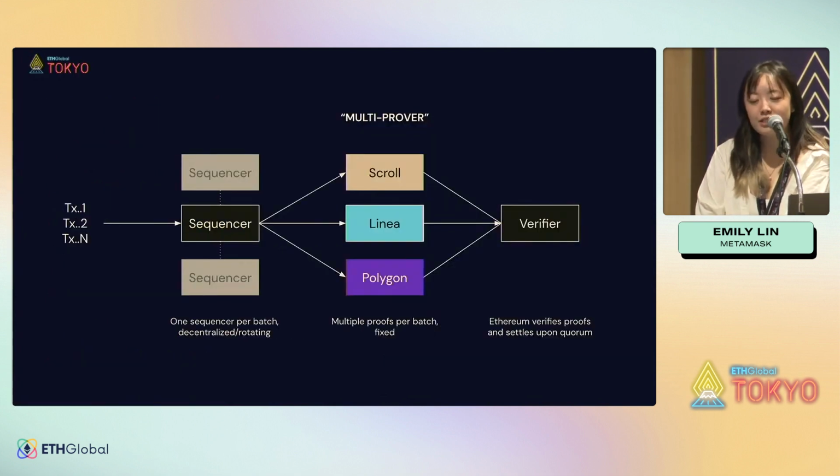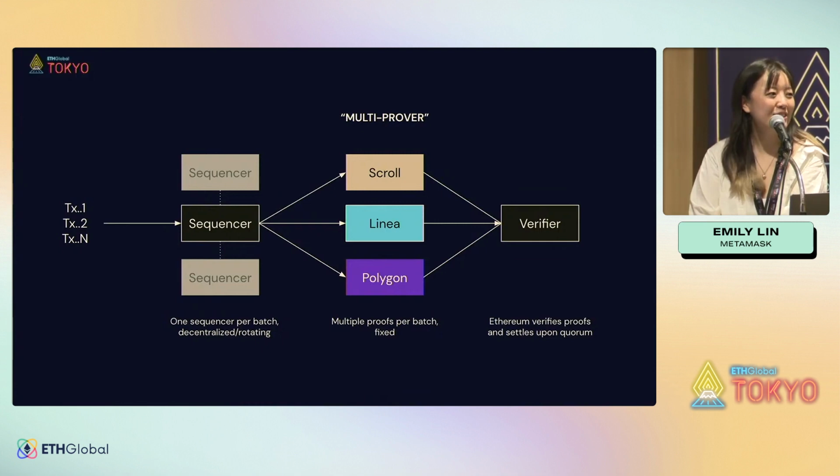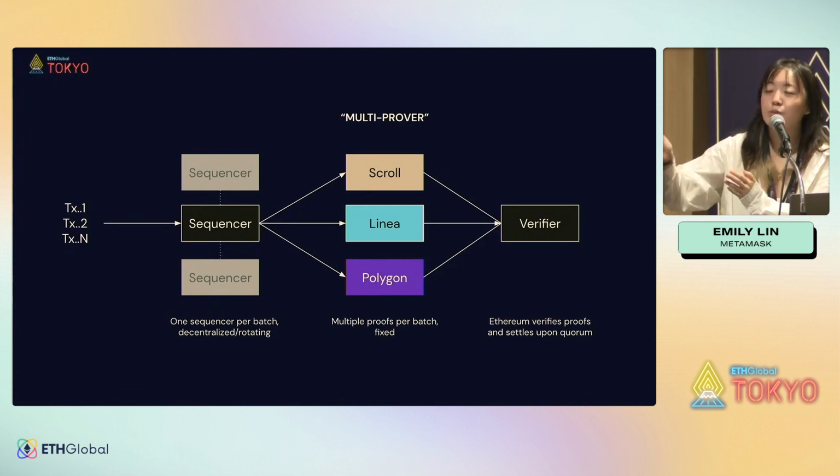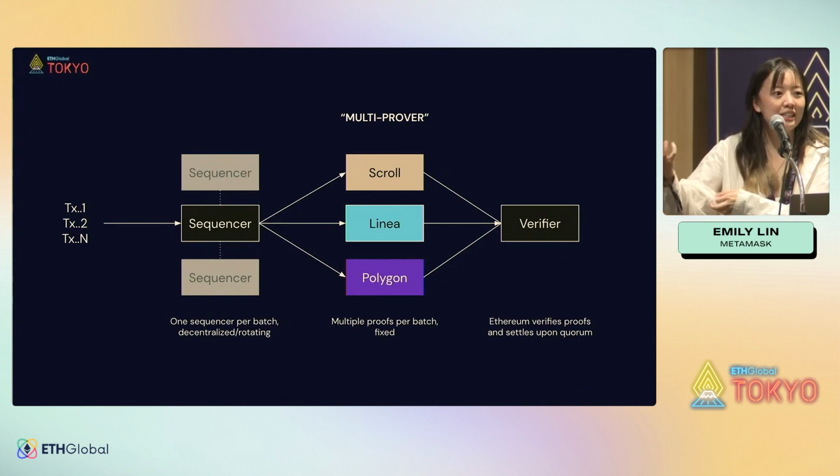The other piece I want to note is that people like to fight between L2s. I don't think that's necessarily true. Something we are exploring is called the multi-prover theory. Like I said before, things might have bugs, right? At the end of the day, we're sending it through a prover, and if that prover has a bug in it, that's problematic.